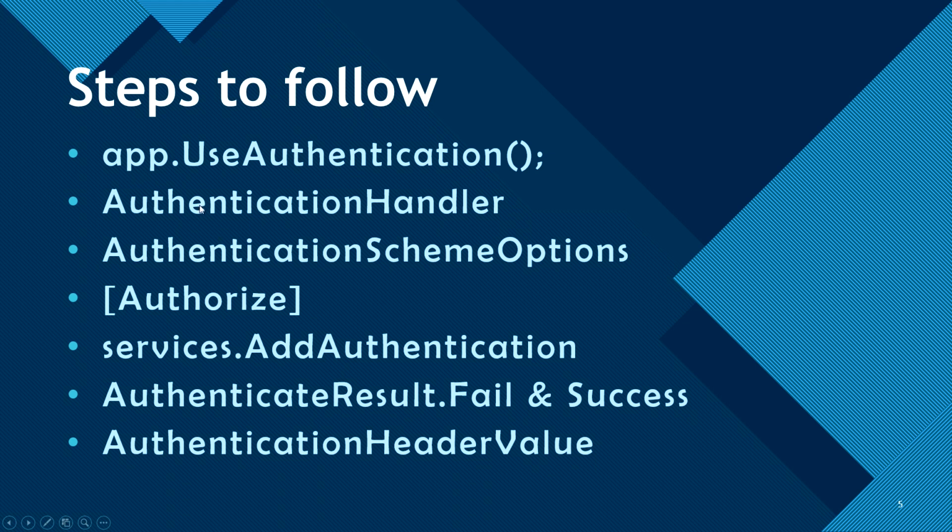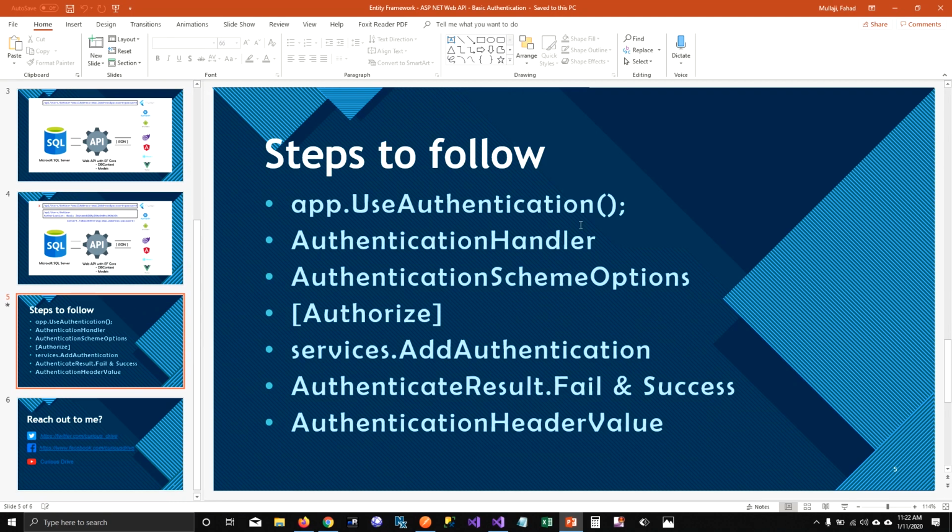So the first thing that we need to do, we need to enable our ASP.NET Web API for authentication. And then we'll have to create this authentication handler of type authentication scheme options. And then we will have to use this authorize attribute on one of our controllers, which is going to send sensitive data, so that the controller knows that it should go and first use this authentication handler before it sends sensitive information.